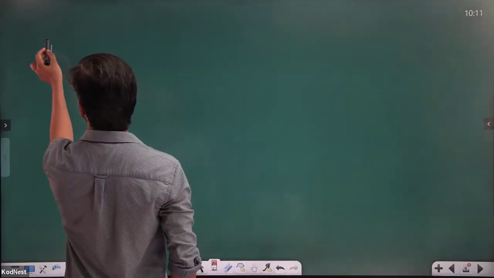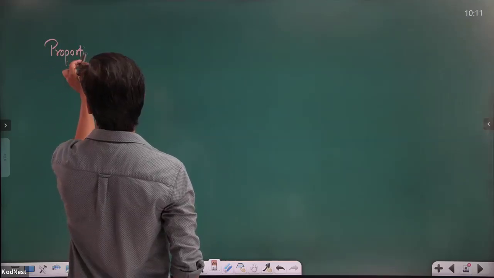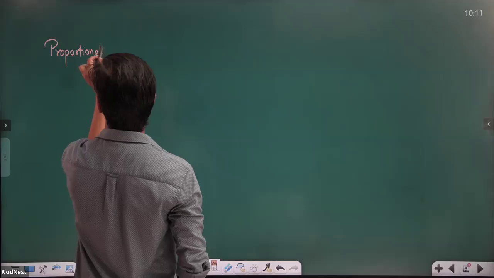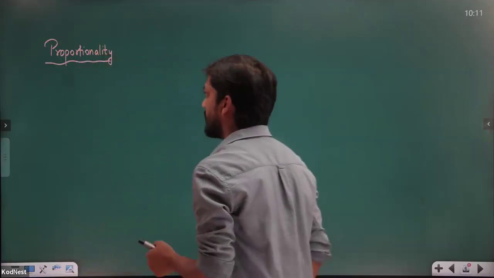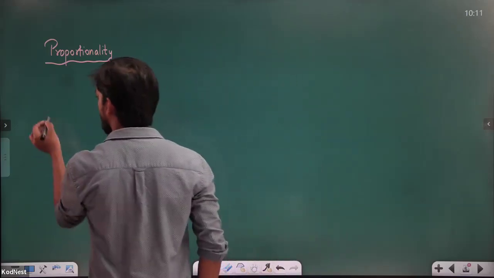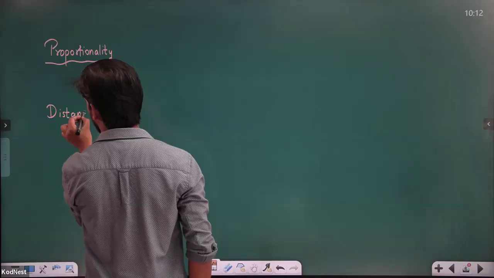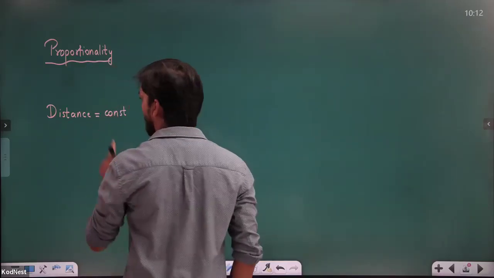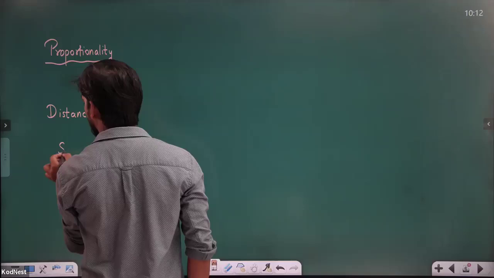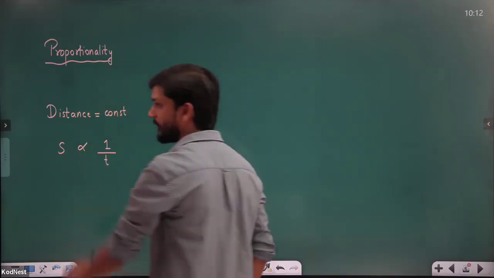So one is the proportionality. For proportionality, one case I'm taking: distance is constant. If distance is constant, then speed and time are inversely related.